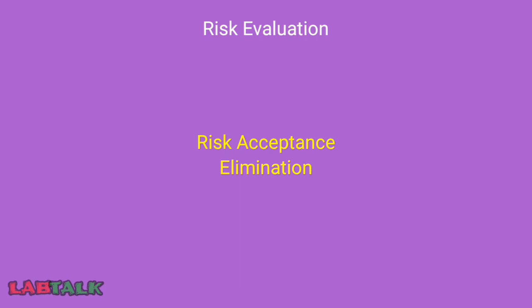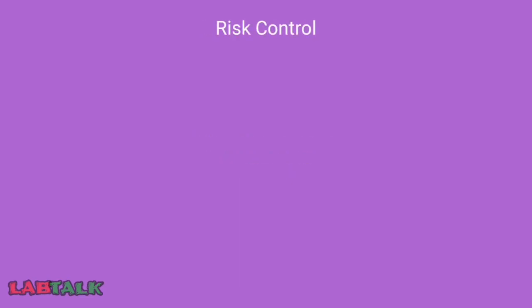Next step will be the risk control, where we put proper risk control measures in place. We will try to see how we can eliminate this risk, or at least minimize it, and then whatever risk is left, whether it is significant or not, we will see in the residual risk evaluation.